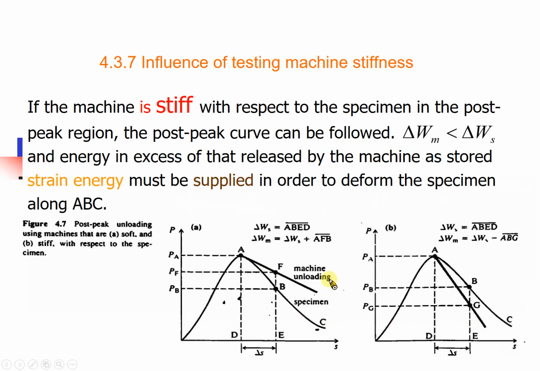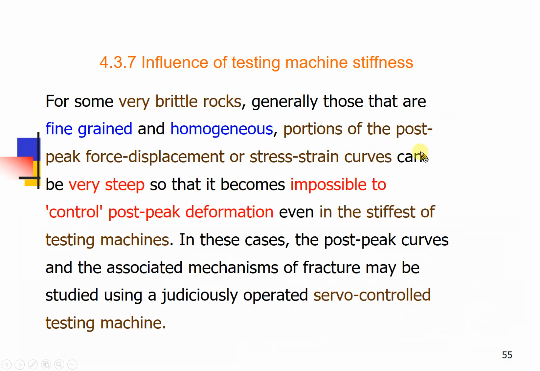Okay. I already explained this to you. This is from the energy point of view, but the idea is the same. Especially for brittle rock, this will be very sensitive.